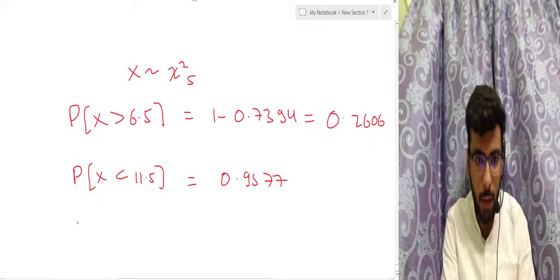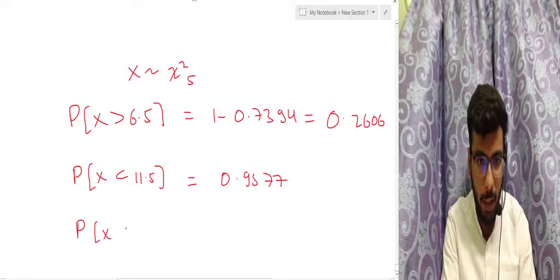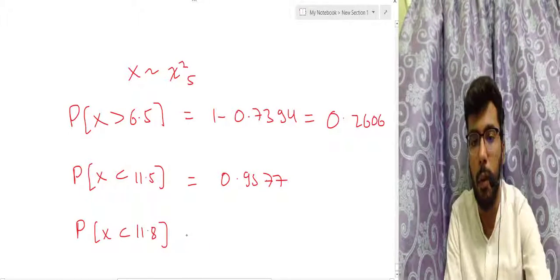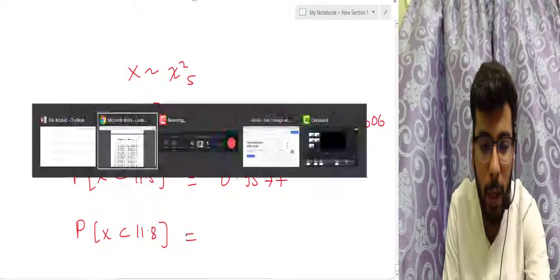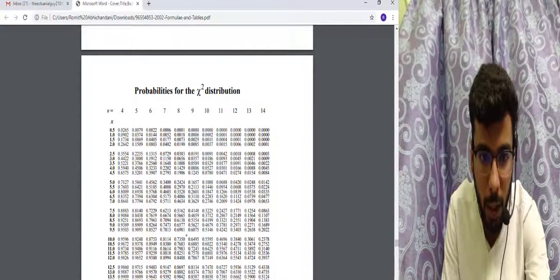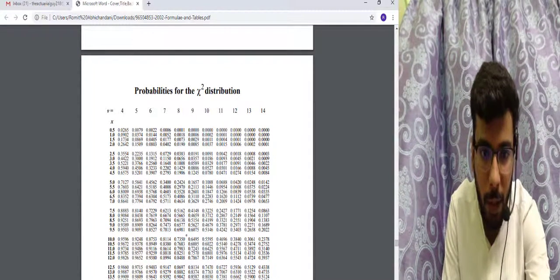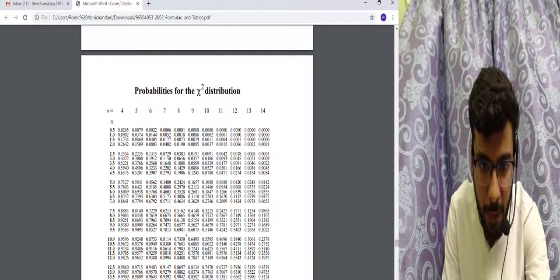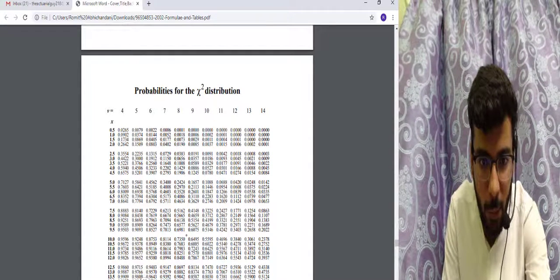This is fine. There's one more, probability x is less than 11.8. Now what do you do in this case? Here the 11.8 value will not be there. You have 11.5, you have 12, so you'll need to interpolate. So let's see how we interpolate. At 11.5, the value is 0.9577, and at 12 the value is 0.9652.